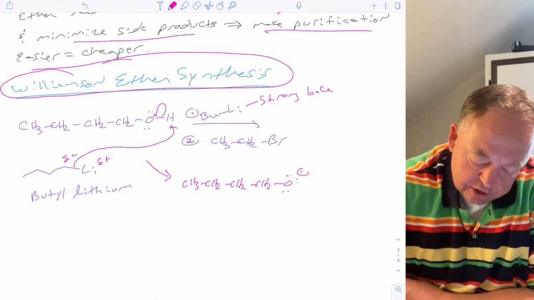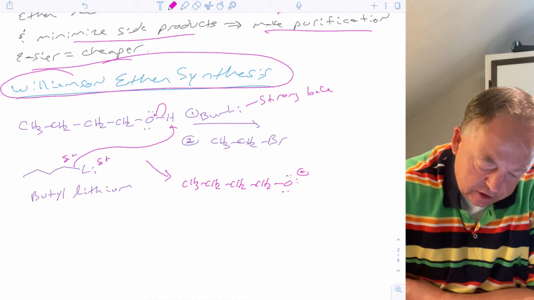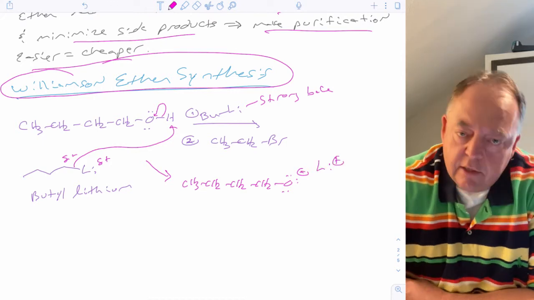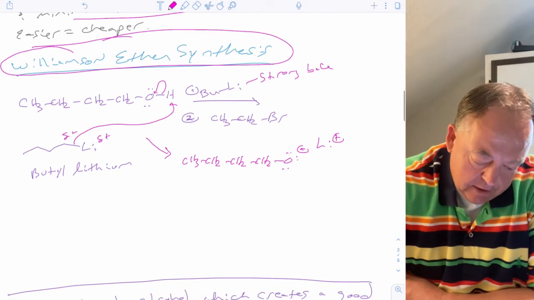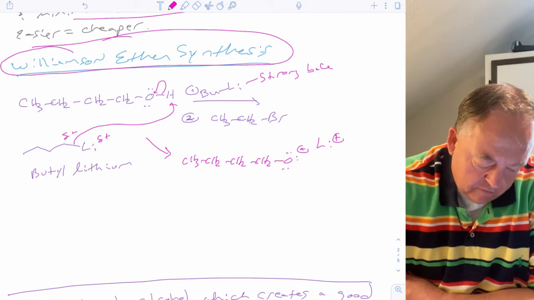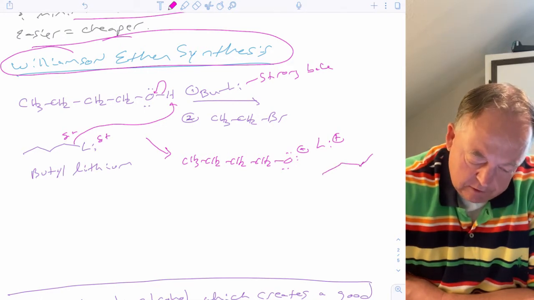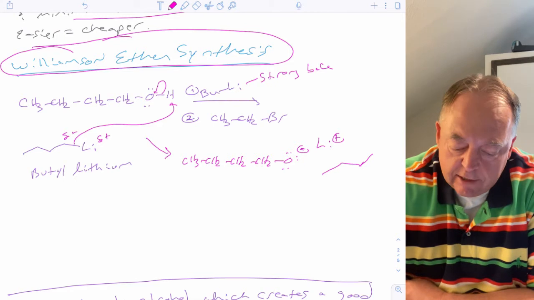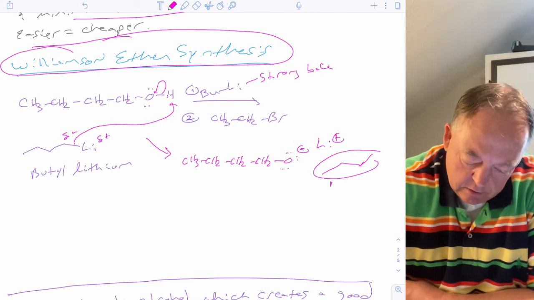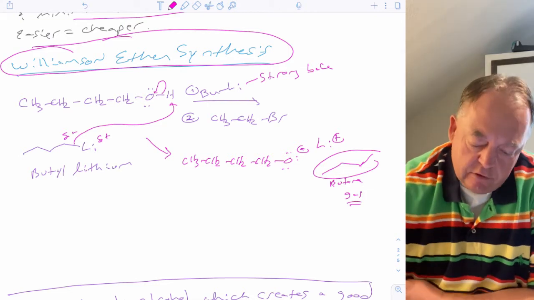All right, so now that oxygen has three lone pairs, so it's negatively charged, and lithium would be the cation, and then you would make a molecule of butane. So if butyllithium carbon takes a hydrogen, now you have butane, which is a gas, and it would just bubble out of your solution.